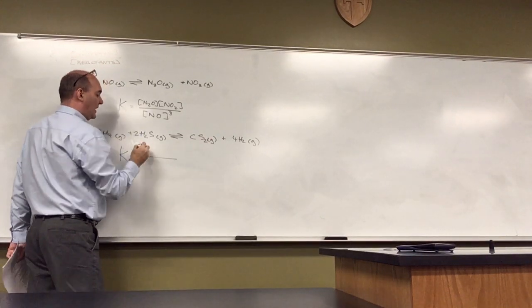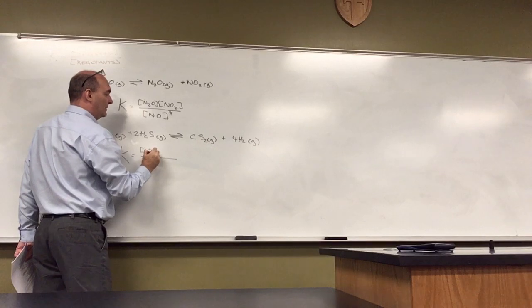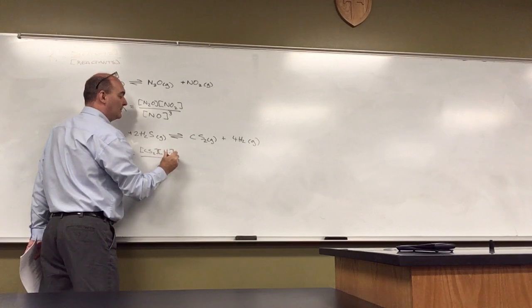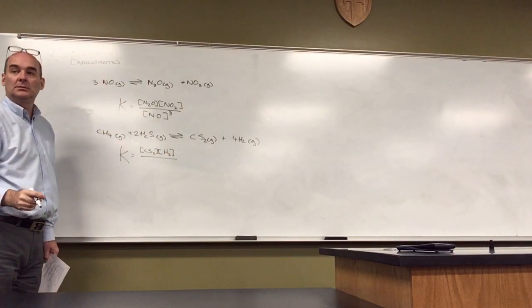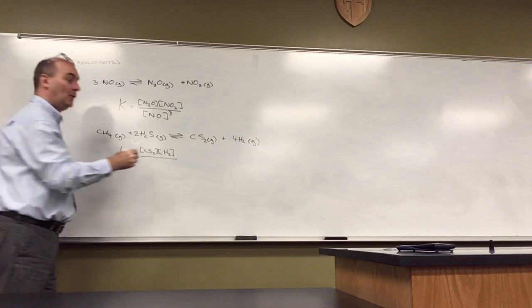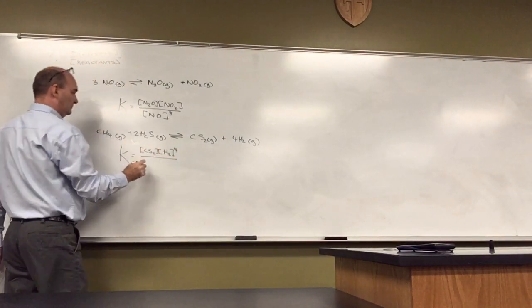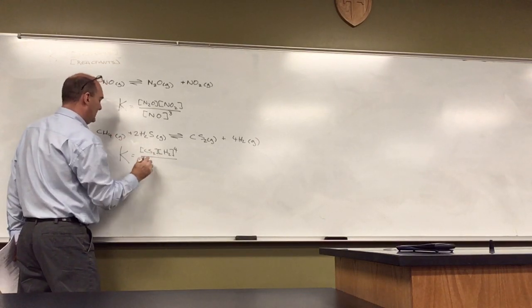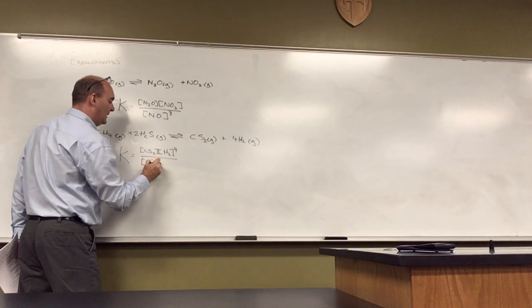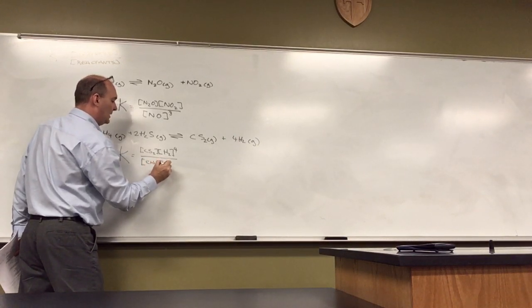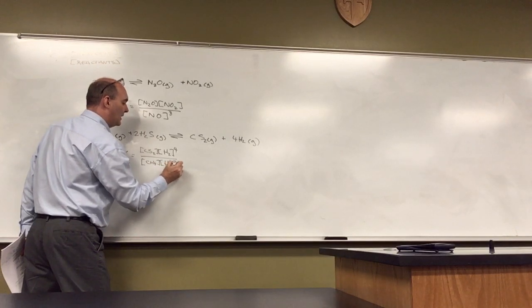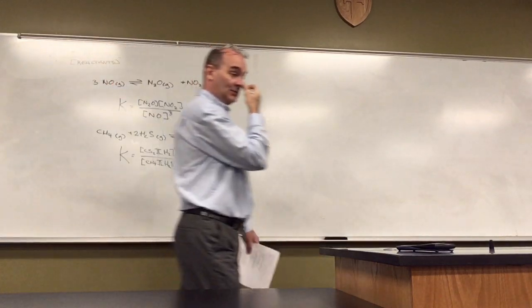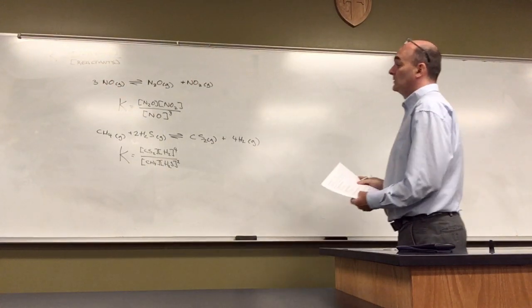So on the product side, I have the concentration of CS2, carbon disulfide, and then the concentration of H2 raised to the power of 4. Over on the reactant side, which goes underneath, I've got the concentration of methane, times the concentration of hydrogen sulfide, and I have 2 of those in my balanced equation. Therefore, that's going to be raised to the power of 2.